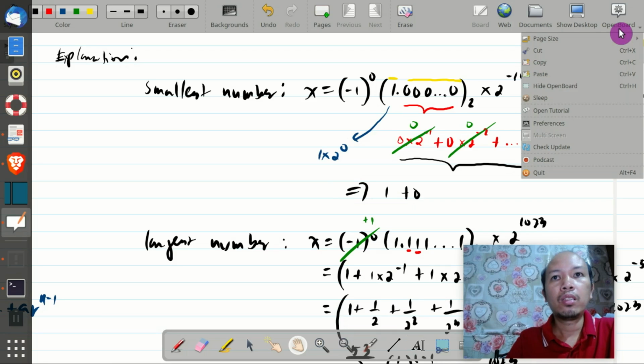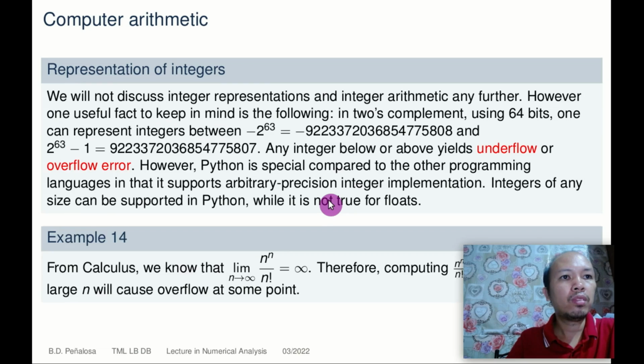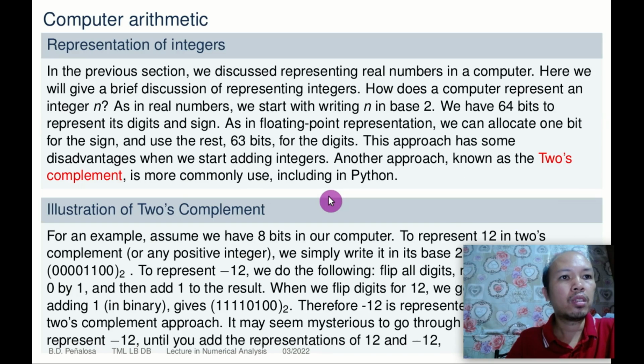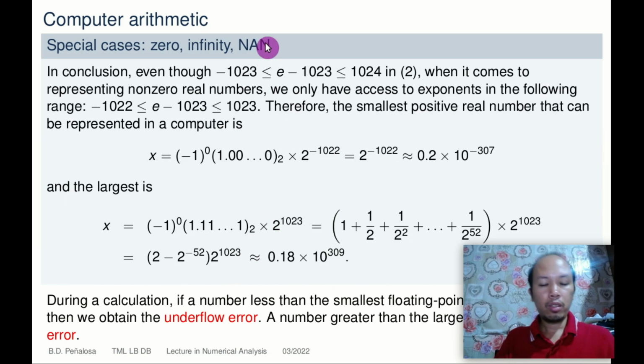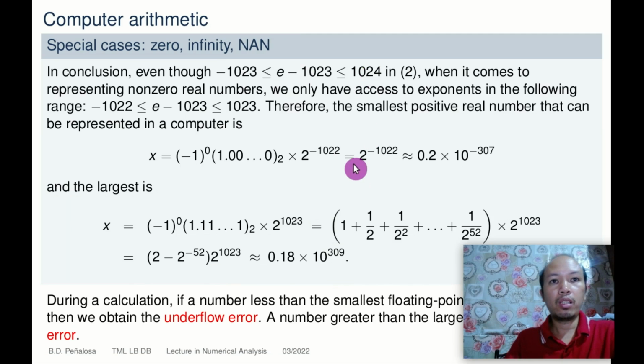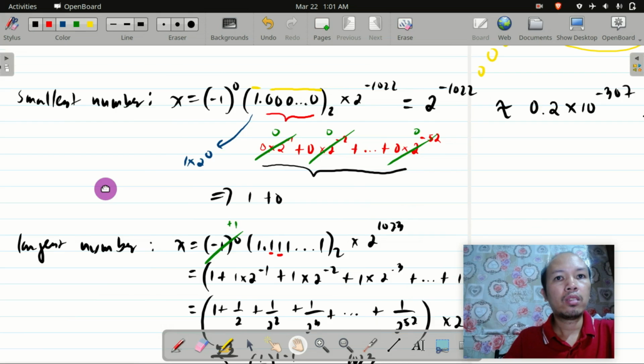let's move now to, where's that one. Okay, we are now ready to differentiate the difference between the 32-bit and 64-bit floating point representation. So let me have a new page.